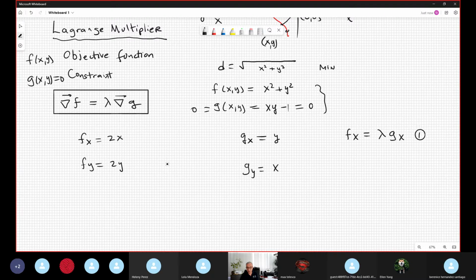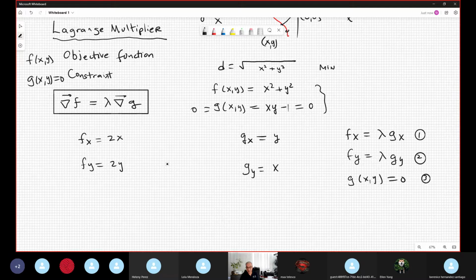Equation number 1. f in y is equal to lambda g in y. Equation number 2. And we need one more equation because you introduce lambda in this Lagrange multiplier game, so you have x, y, and lambda, 3 unknowns. So in order to complete the system, you introduce g(x, y) equals 0.